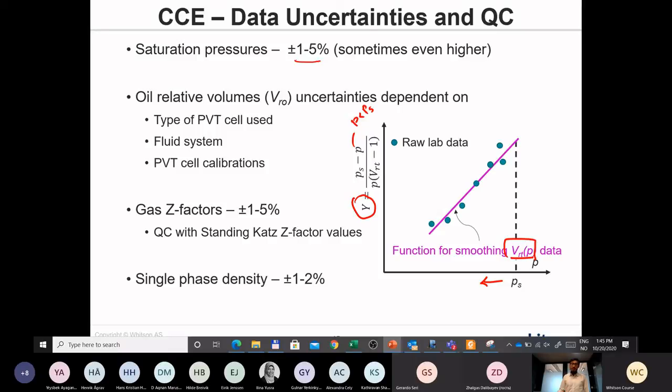The Y function is only plotted for pressures lower than the saturation pressure, because with this term here you would start getting negative values of Y. So it's not relevant for pressures higher than the saturation pressure. It's only relevant to smooth the VRO data at pressures lower than the saturation pressure. I don't know if that answered the question.